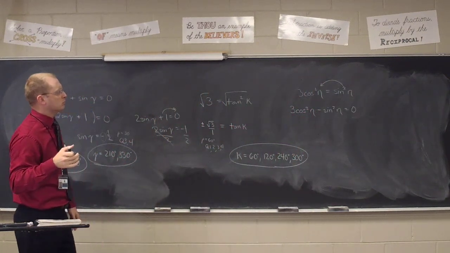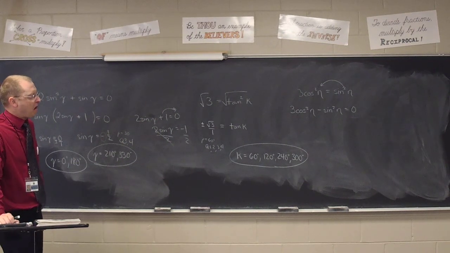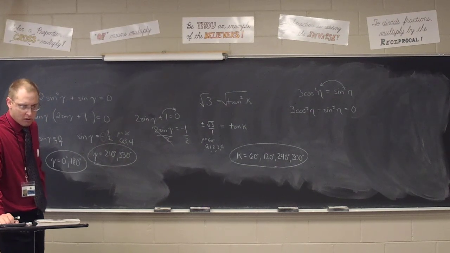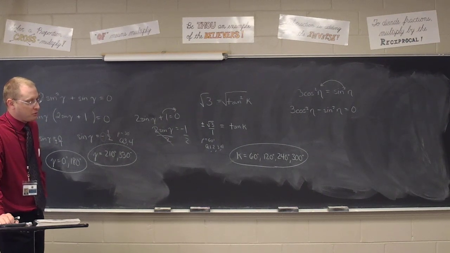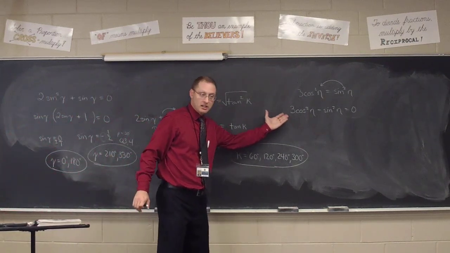But can I factor that? I can't factor that at all. Huh. No, there is a solution. Difference of squares? Well, it's not a difference of squares because we have a 3.